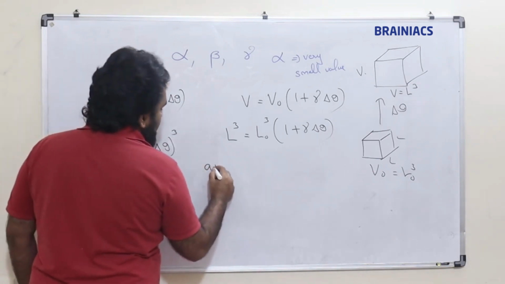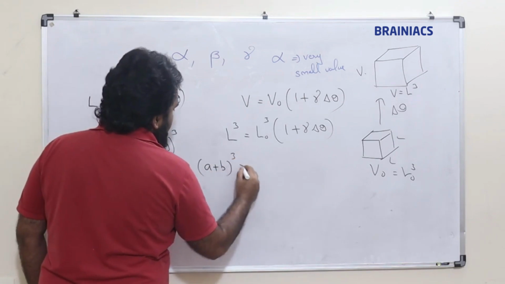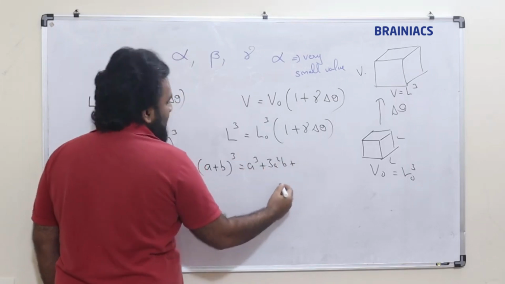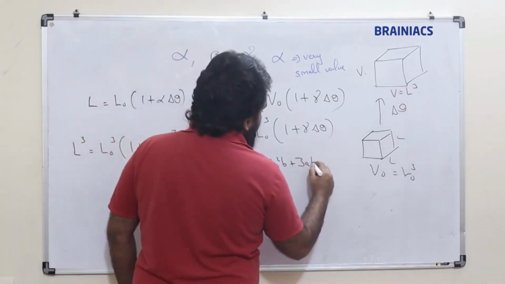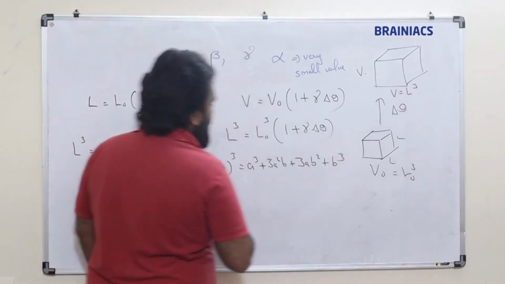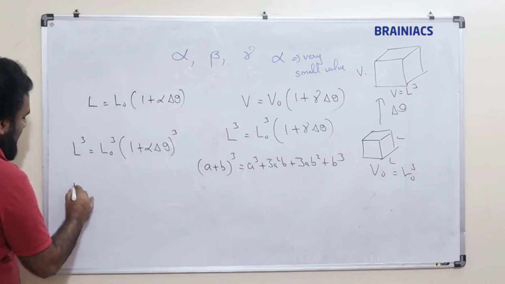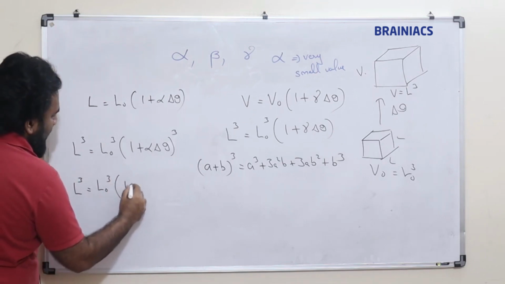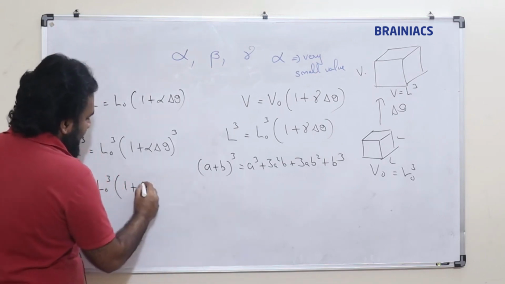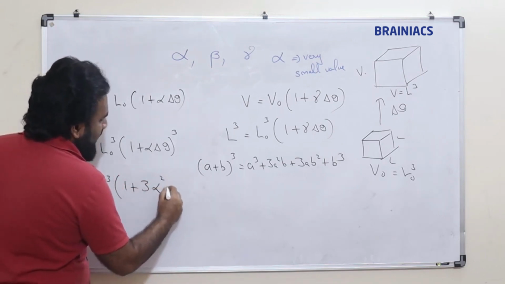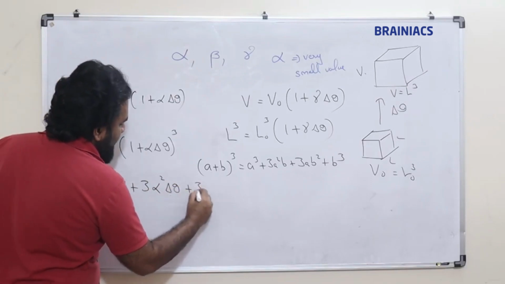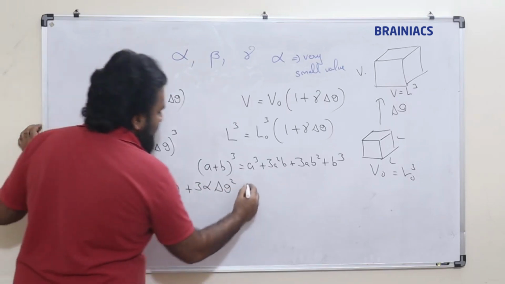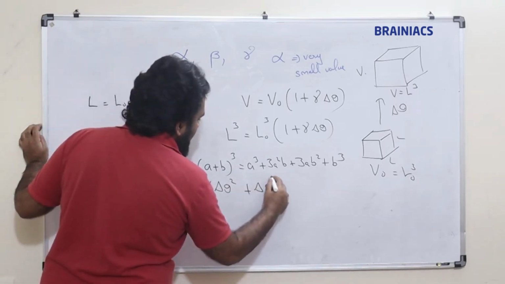So you know this equation, A plus B all cube is equal to A cube plus 3A square B plus 3AB square plus B cube. Same way we will approach: L cube is equal to L naught cube into 1 plus 3 alpha square delta theta plus 3 alpha delta theta square plus delta theta cube.